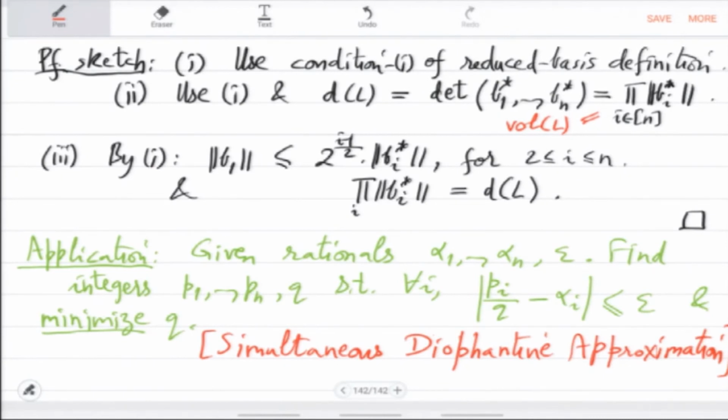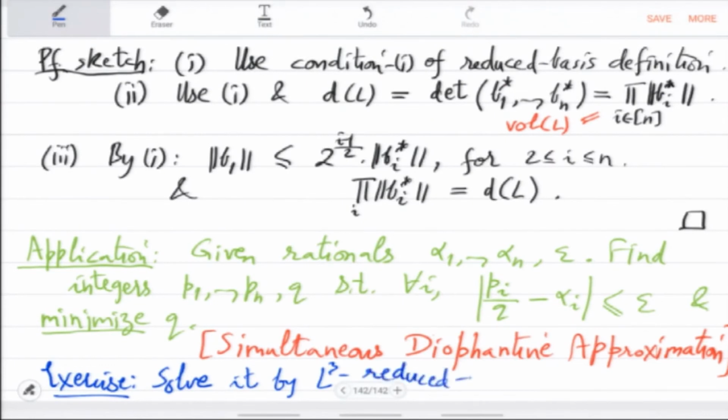You want to minimize Q as much as possible, and surprisingly this problem can be solved in polynomial time using the L-cube reduced basis algorithm. So this also I will leave as an exercise: solve it by the L-cube reduced basis algorithm.